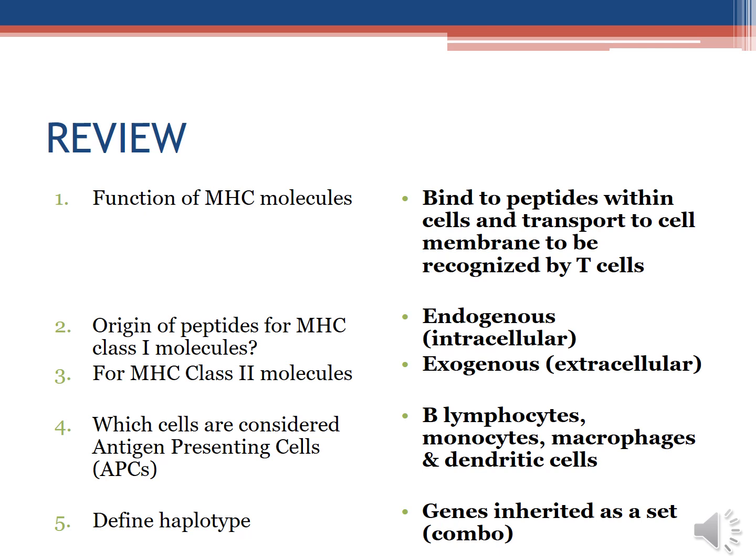Origin of peptides for the MHC class I molecules: remember, these are intracellular or endogenous, so they come from within the cell. Our MHC class II are exogenous or extracellular, and remember that these antigens or peptides have to be engulfed and then processed and then pushed back out to the cell membrane.